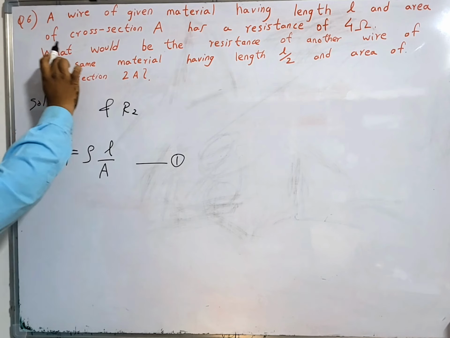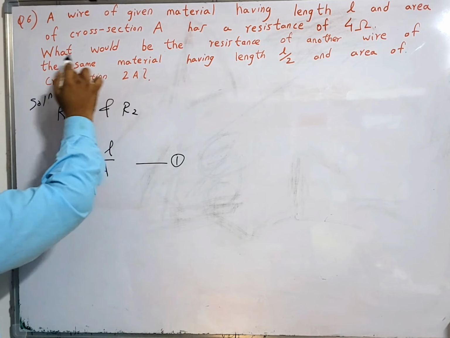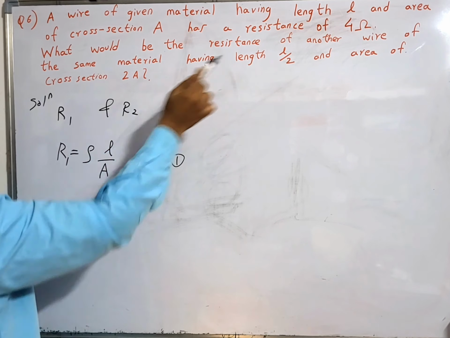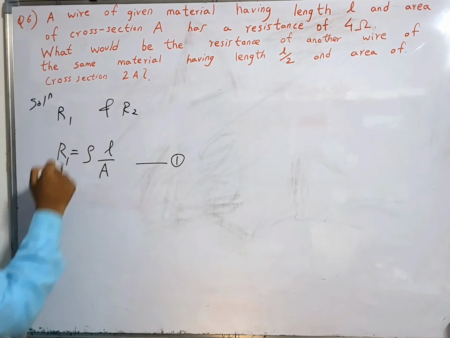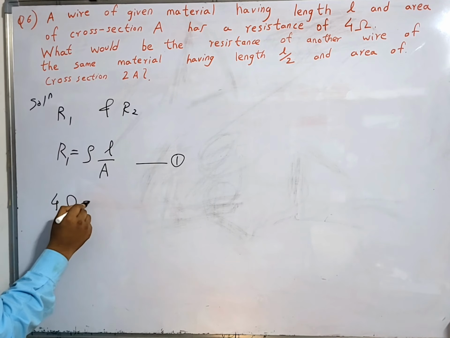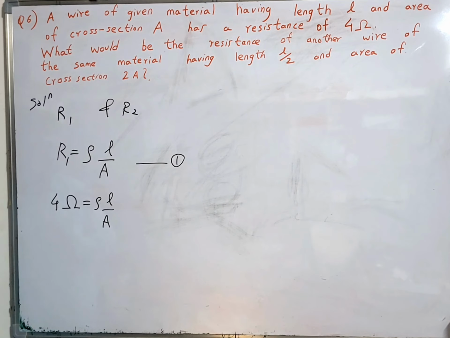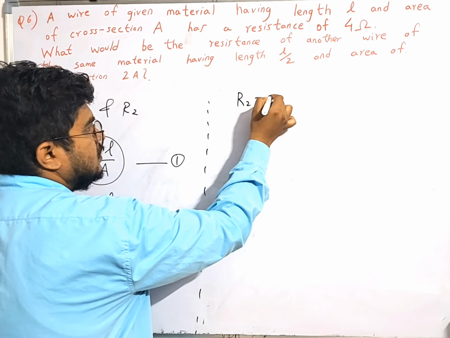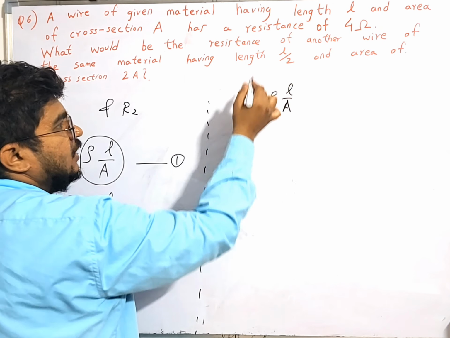Now you know a wire of given material having length L and area of cross section A has a resistance of 4 ohm. Now this has the resistance of 4 ohm, rho L by A. Now in next scenario, for finding R2 is equal to rho L upon A. The value of L is L upon 2.